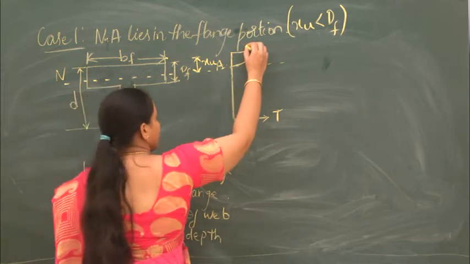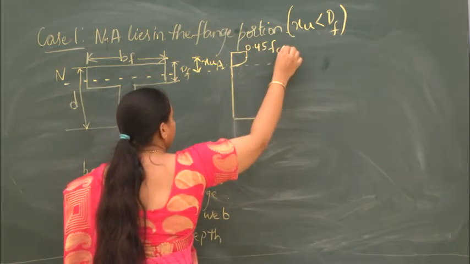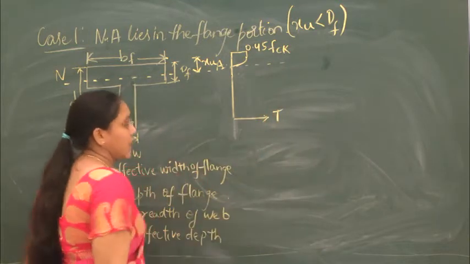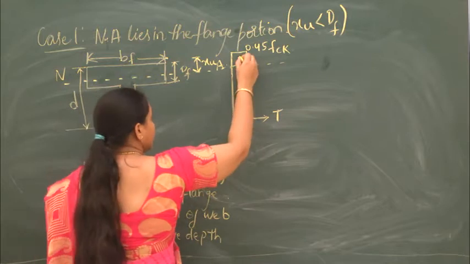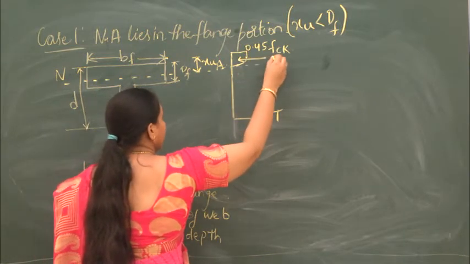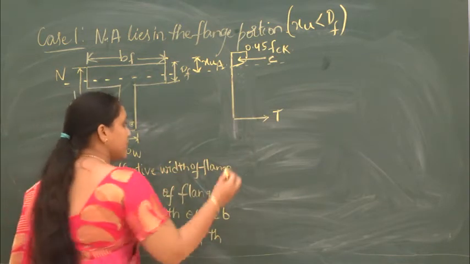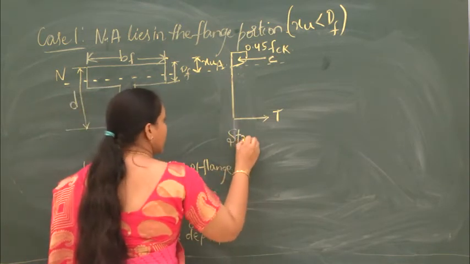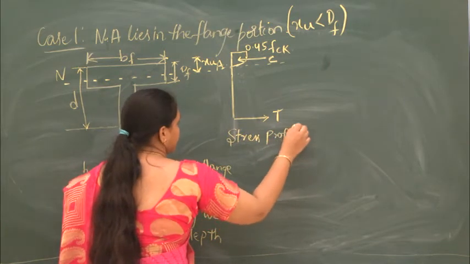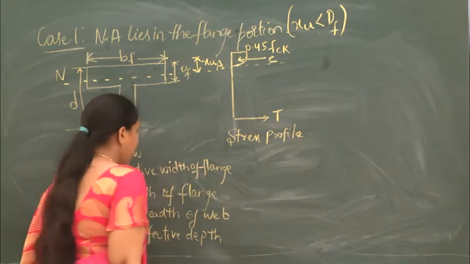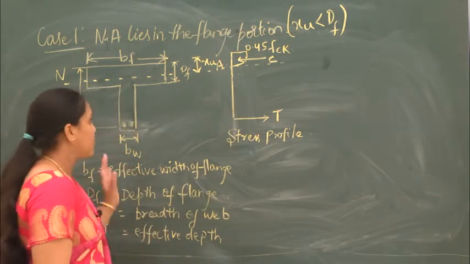The stress here is 0.45 fck. Here you are going to have the compression force C. So this is nothing but the stress block, or the stress profile.